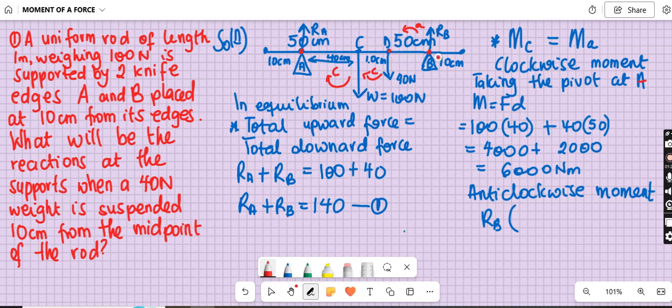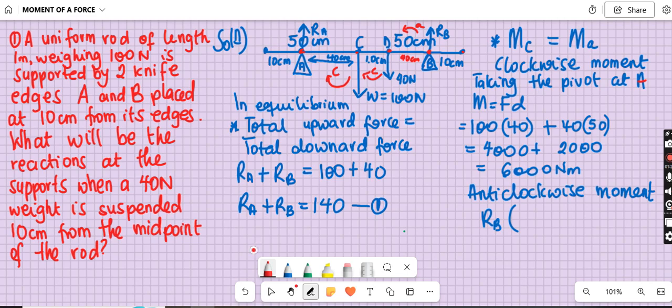Now, from D to the end point is 50. So if we take away the 10, this should be what? 40 centimeters. So we have 40 plus 10 giving us 50 plus another 40.